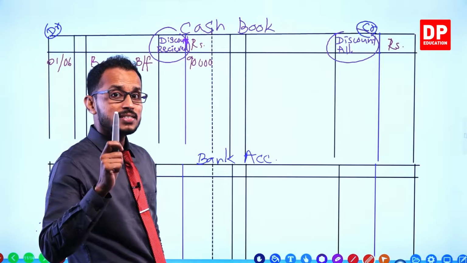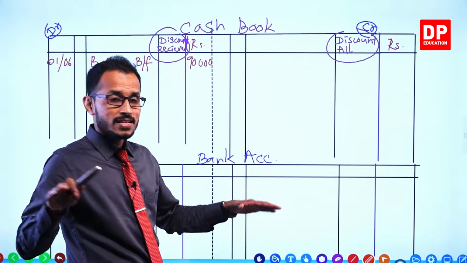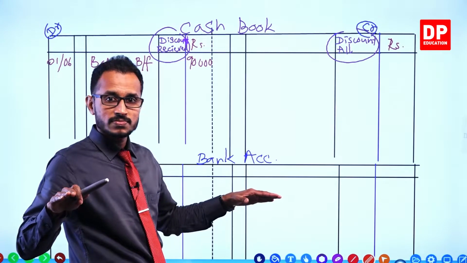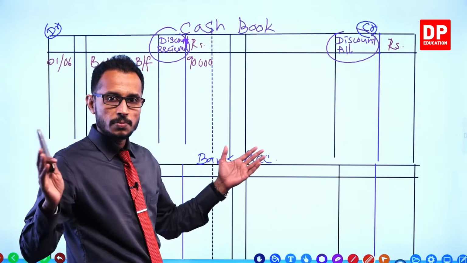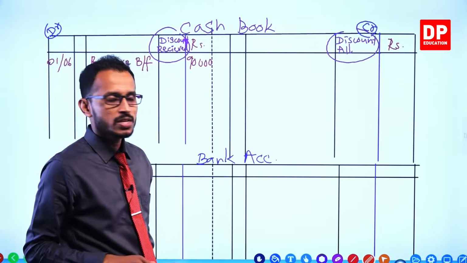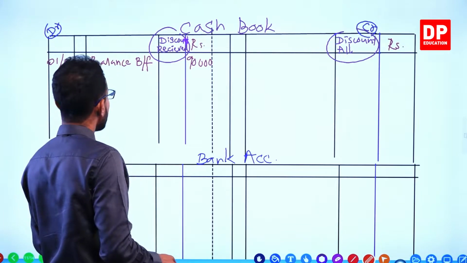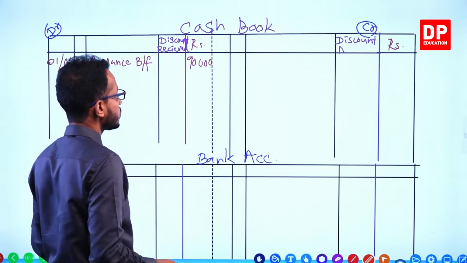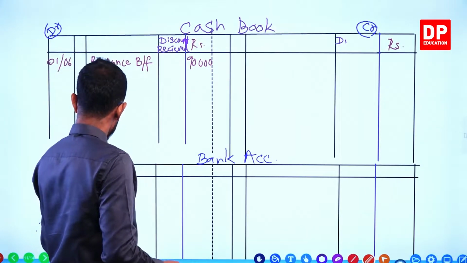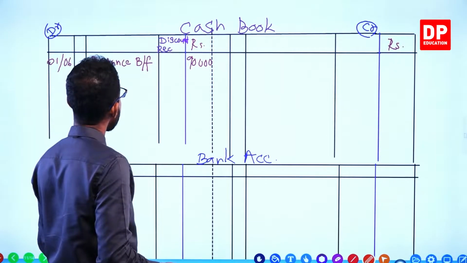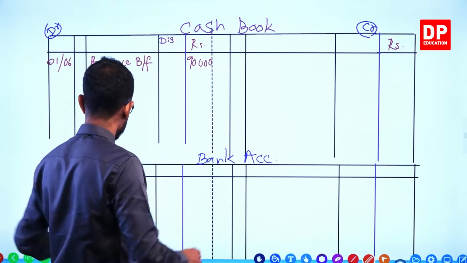And you memorize these things, children, my dear students. If you don't memorize these things, your books of accounts, preparing the cash books and bank books will not be successful. All right. Memorize the things. These are important. Discounts allowed on this side.